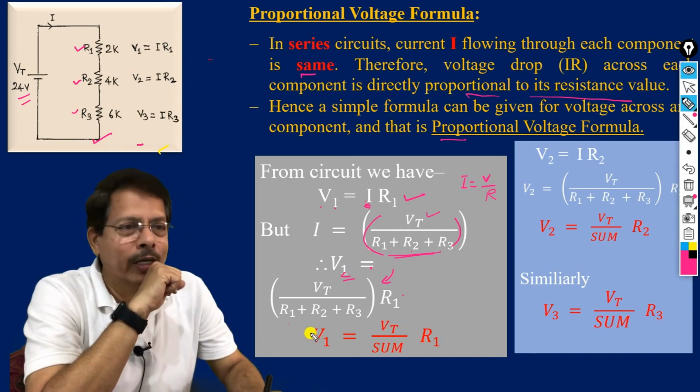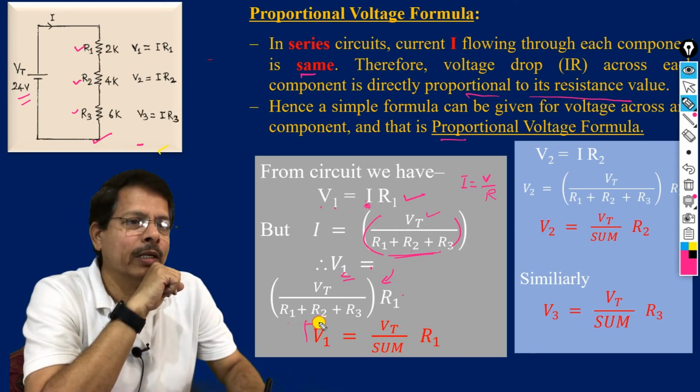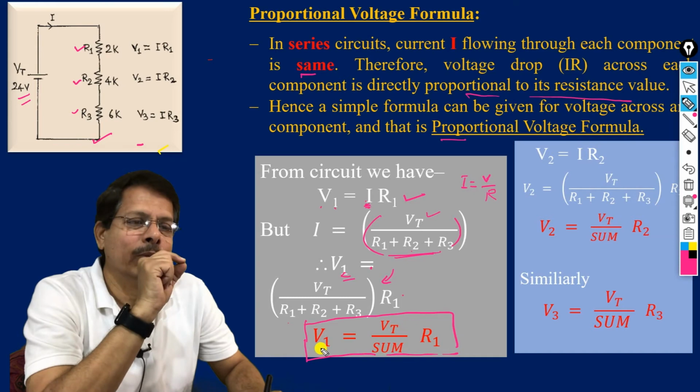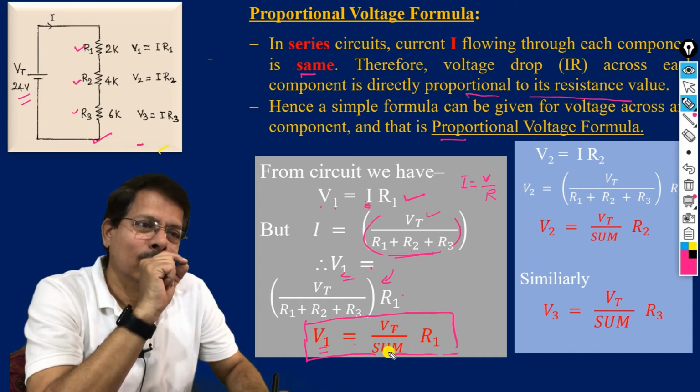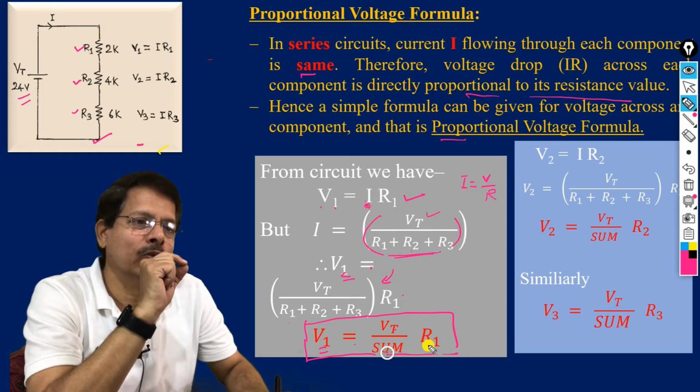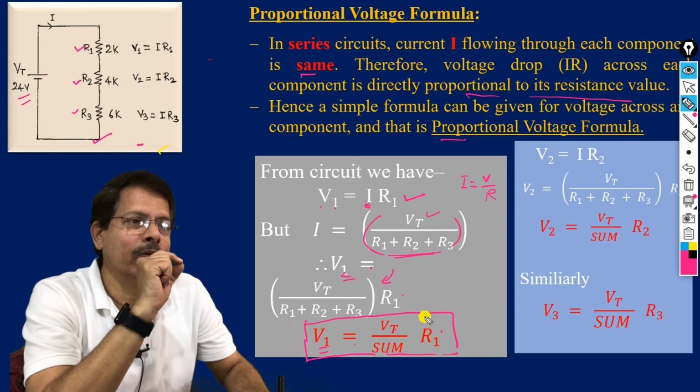So for reference I have written this in red, in this box you see: voltage across R1 is given by V1 equal to total voltage upon total resistance of the series combination, into R1. See that here it is R1.